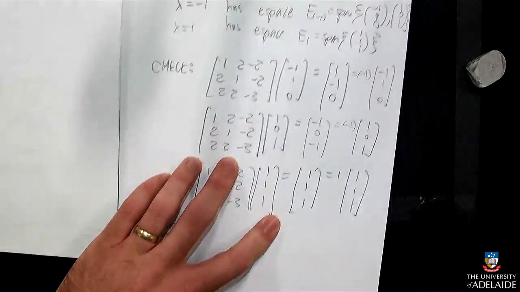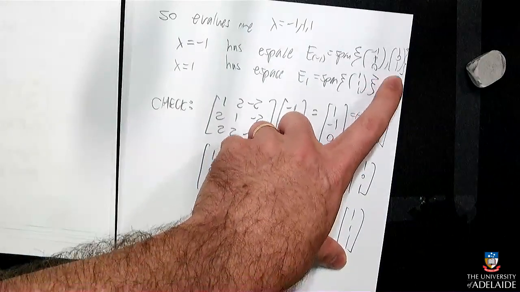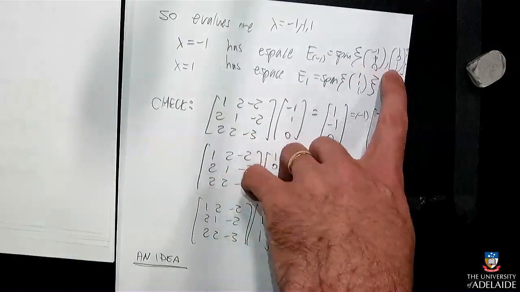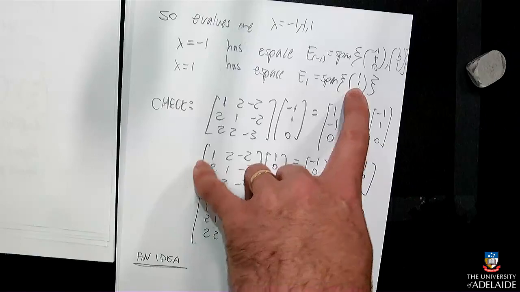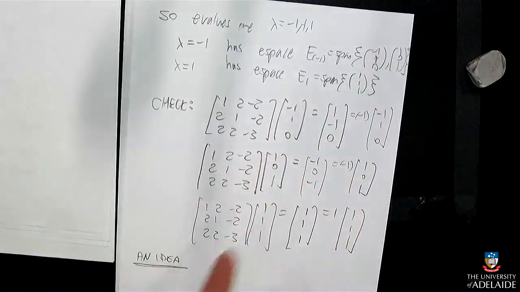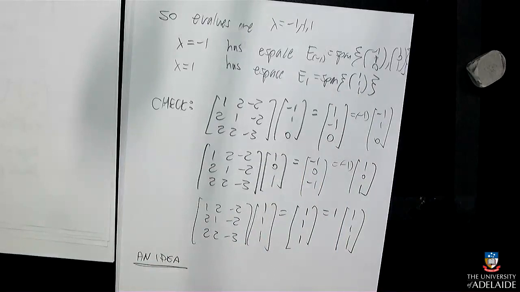This matrix has enough eigenvectors to make a basis for R3. These two are independent, and they're guaranteed to be independent from that one because it's got a different eigenvalue. So these three vectors together form a basis for R3 because they're independent and there's three of them. And if I can make R3 out of eigenvectors for A, then I can know what A does to any vector I want because it's made out of eigenvectors.